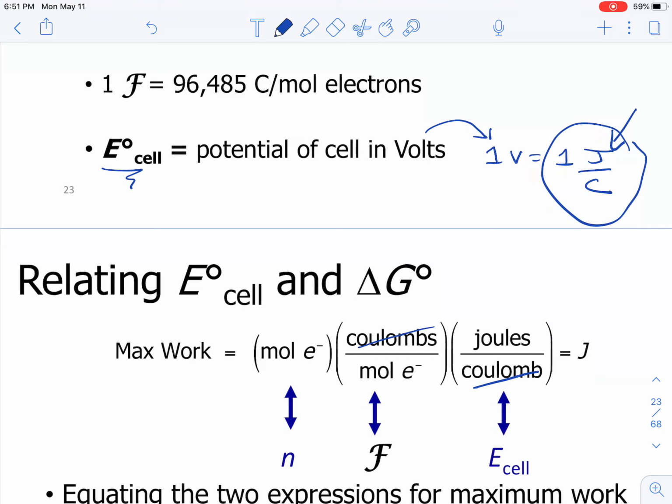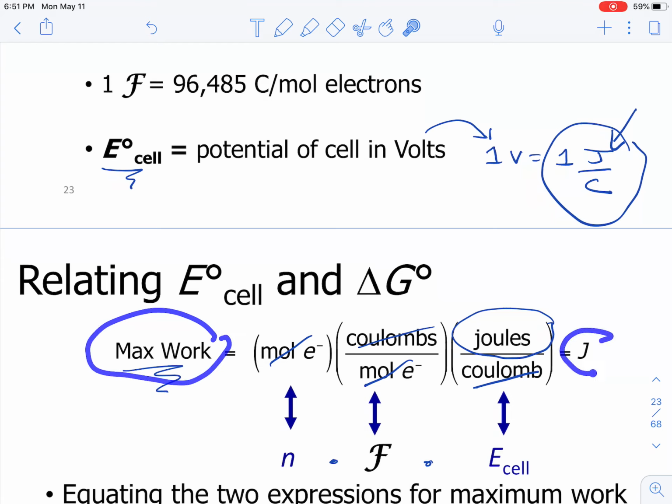If you multiply all three of these values, notice that your moles of electrons transferred also cancel out. The only unit remaining to express the unit for max work is joules. It can also be expressed in kilojoules, megajoules, millijoules, microjoules.